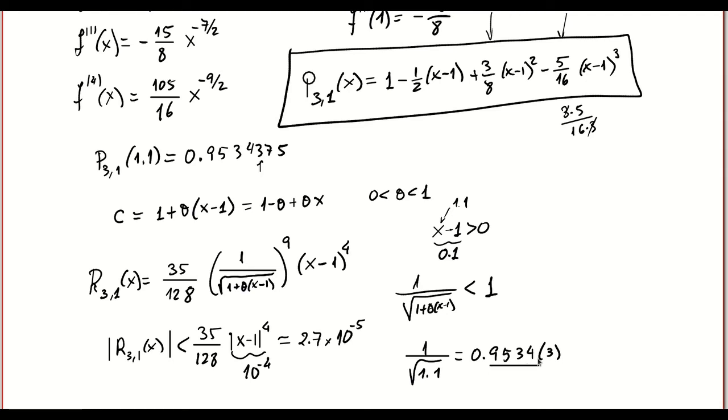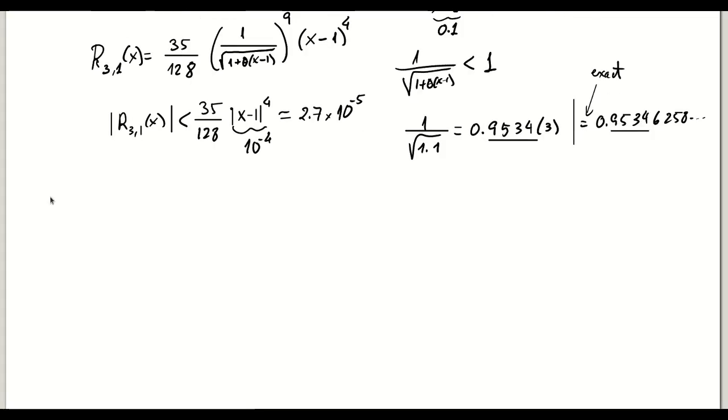And if we calculate the exact value with a calculator, the exact value is 0.95346258, etc. Right? You can see that the 4 figures are exact. So with this approximation we obtain 4 exact figures of this quantity, which is pretty good.